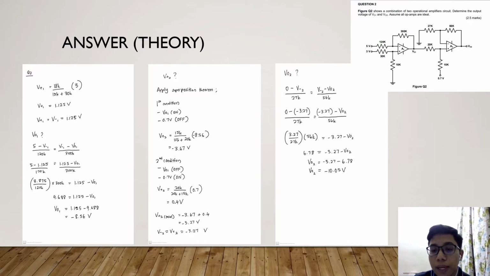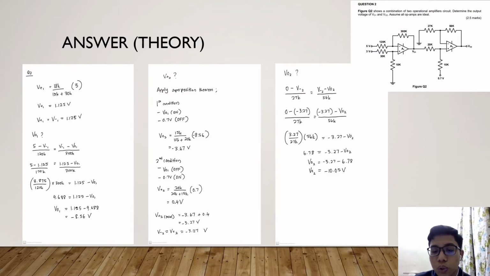How? Just apply the formula. So 0, where do we get the 0? From this, this is the ground, so just place the 0. So (0 minus V minus 2) over 27k equals (V minus 2 minus V output 2) over 56k.